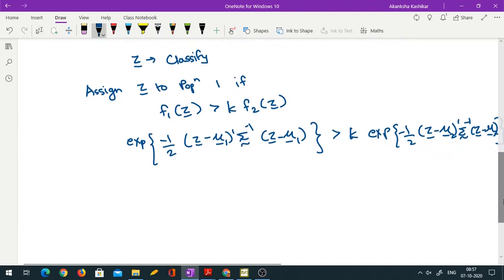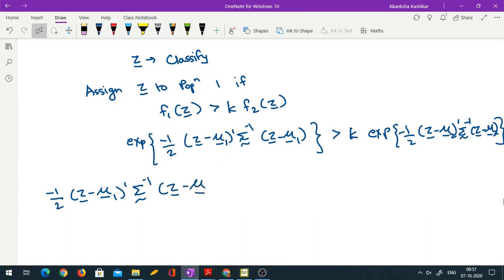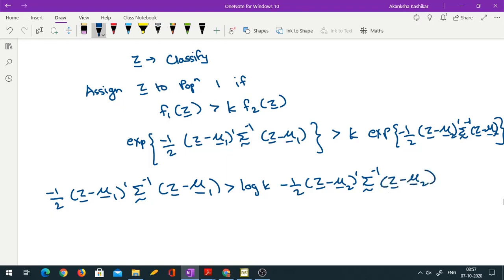So if I take log on both sides, I will be left with minus half (Z minus mu1) prime sigma inverse (Z minus mu1) should be greater than log K plus, actually minus half (Z minus mu2) prime sigma inverse (Z minus mu2).